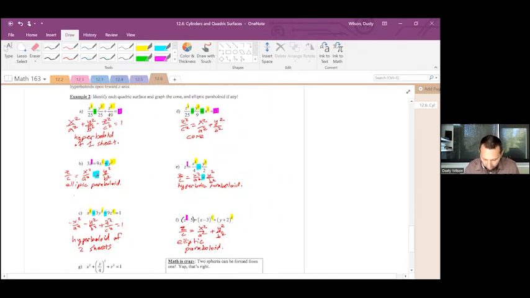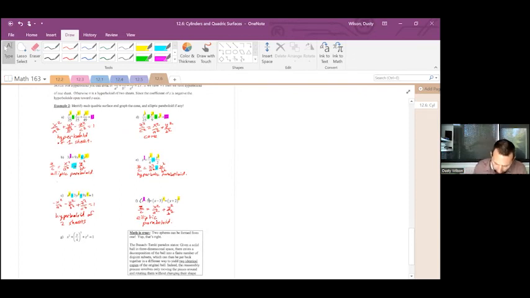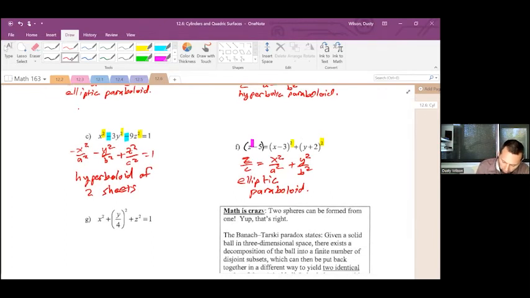So there is our, we have one more to look at. So in G, I have x squared plus y over 4 squared plus z squared equals 1. So this is of the form x squared over a squared plus y squared over b squared plus z squared over c squared equals 1. And this would be an ellipsoid.